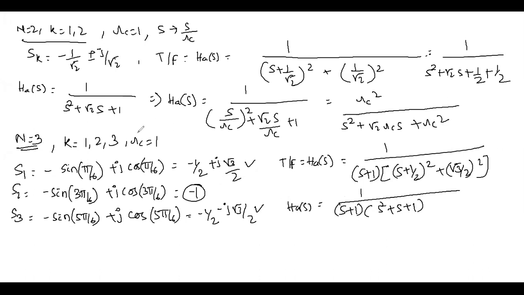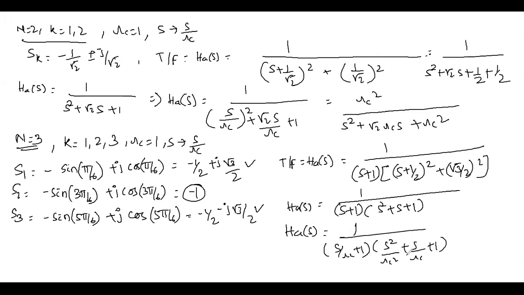Now what to do? Replace s by s divided by omega c. Then finally we get H of s, if you replace s by s by omega c, equals 1 divided by (s by omega c plus 1) times (s square by omega c square plus s by omega c plus 1).